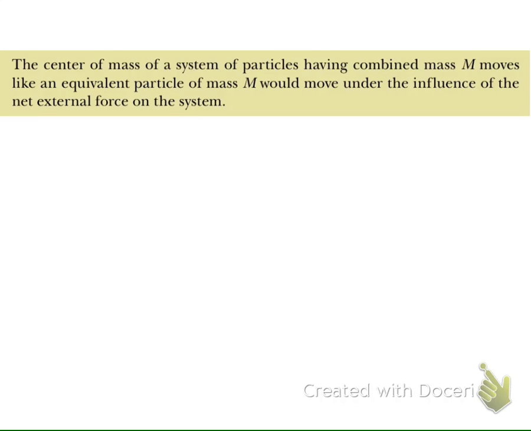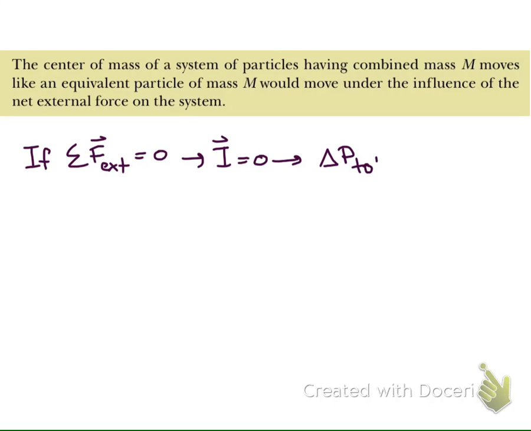An interesting example is when there is no external force. If the net external force is 0, it means that the impulse is 0, and it means that the change of the total momentum is 0.